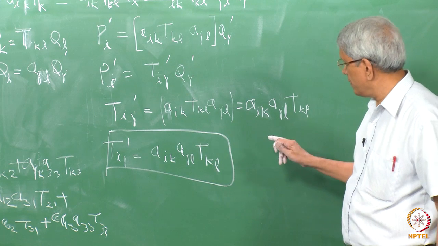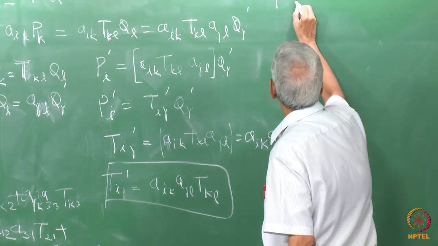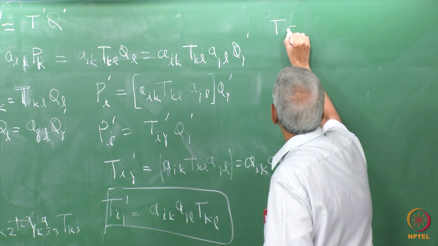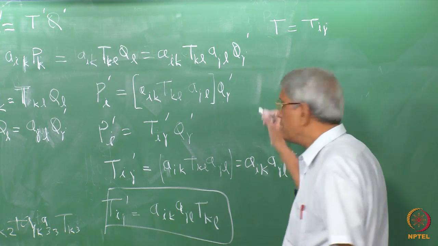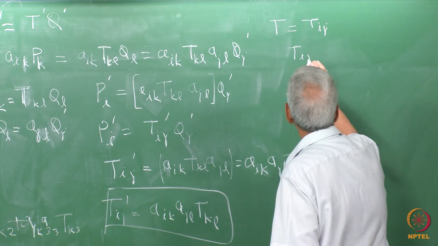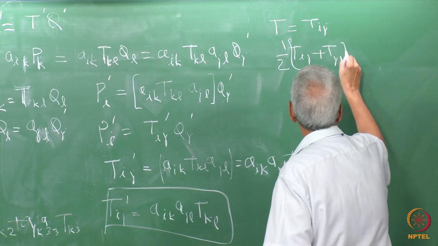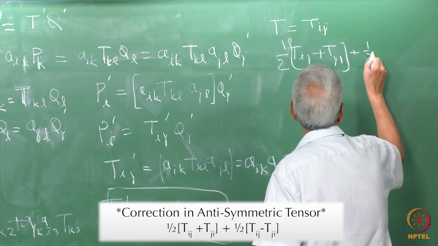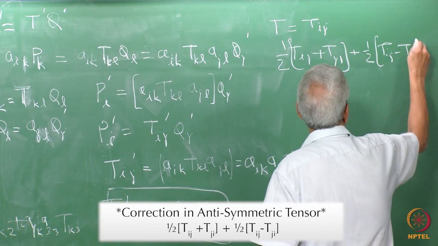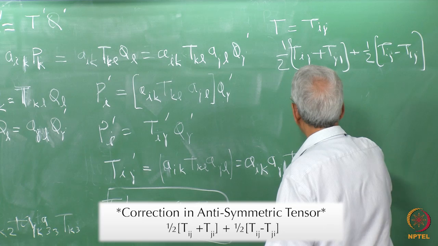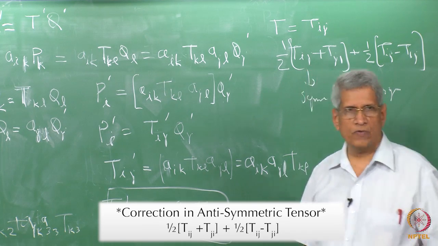If a tensor, we write it as T, with components Tij representing this component, then we can write Tij as half into (Tij plus Tji), plus half into (Tij minus Tji). This form, this is a symmetric tensor, this is an antisymmetric tensor.